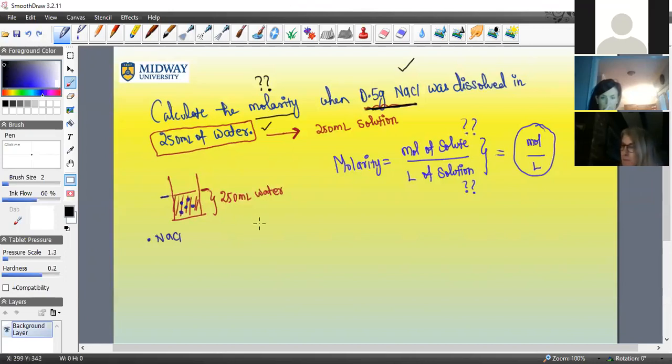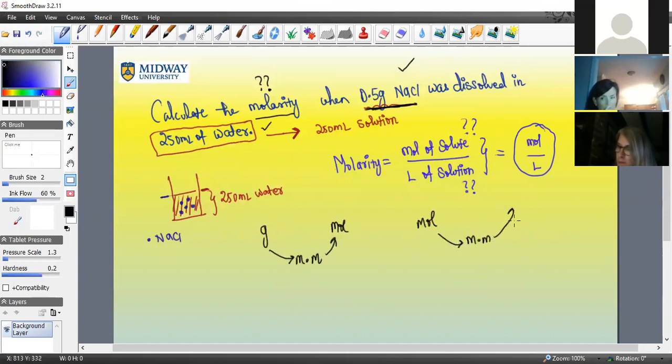Whenever you're given grams, I don't think you can work directly with grams unless you calculate density. Whenever you're given grams and you want moles, which is what it clearly says on the top, you have to use the molar mass. That's it. And whenever you're given moles and you want grams, you still use the molar mass.